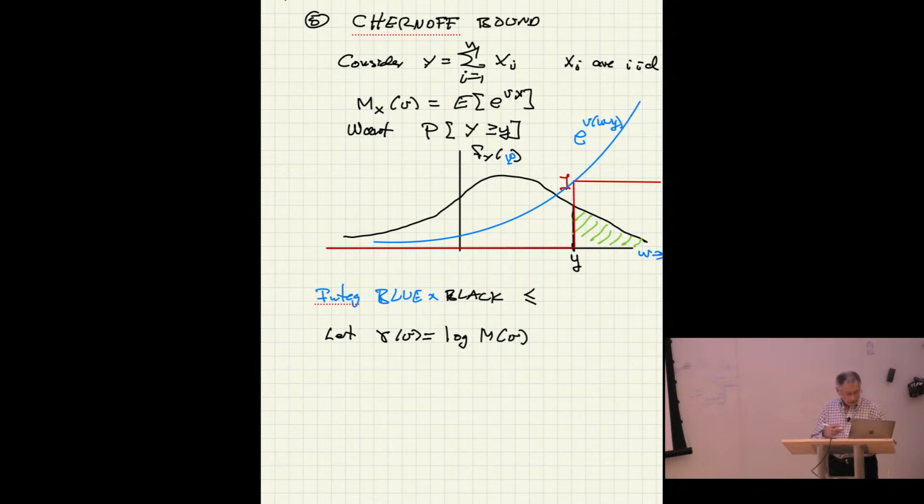And given that, with a little bit of calculation, and we can prove this if you like, the net result is that the thing you want to bound, the probability that y is greater than or equal to n times the differential of this gamma function at the argument v for this random variable x, is less than or equal to e to the n times (gamma sub x of v minus v times gamma prime of x).